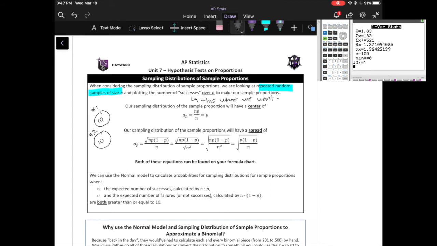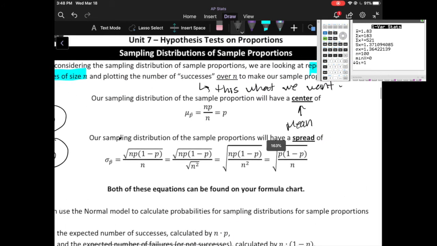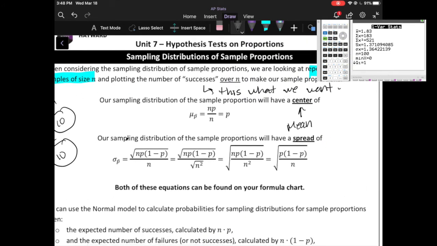Right. So if we go back to the example, what did we define as success? Next, our sampling distribution of sample proportions will have a center. So this is our mean, right? Our mean is given by mu of p hat.